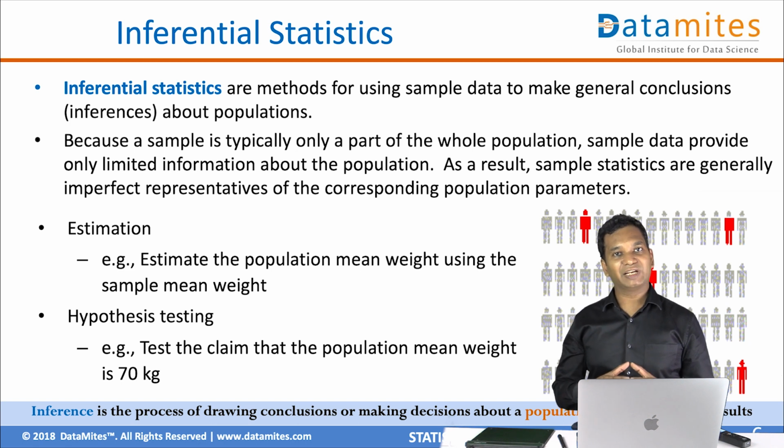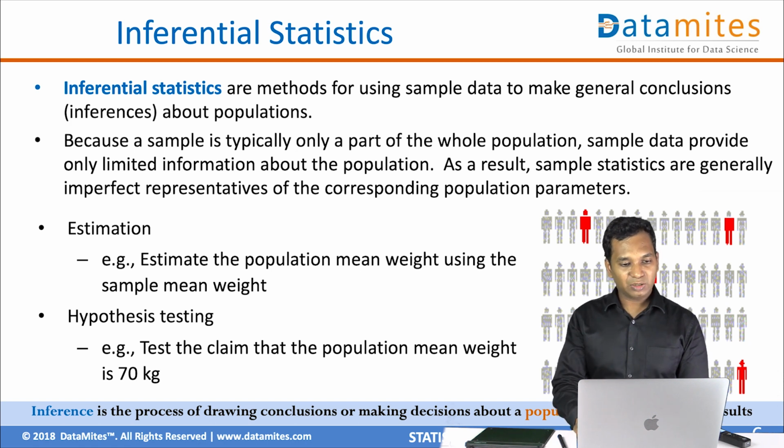Before the results, exit polls come up with a prediction or forecast, an analysis of which party will be getting what kind of positions in the election. This is a very good example of inferential statistics.